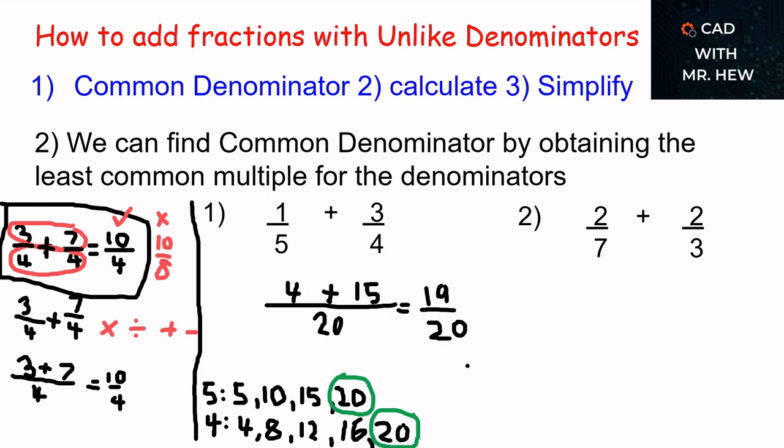So to simplify this, we want to see, is there a number other than 1 that can be divided into both the numerator, which is 19, and the denominator, which is 20? Is there any number other than 1 that can simplify this fractional answer? No. So this is in its simplest form, and we are finished with question 1.